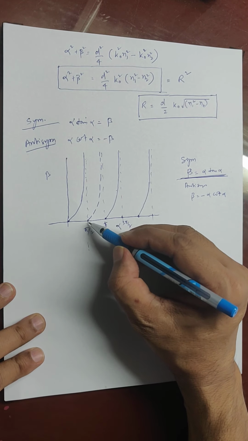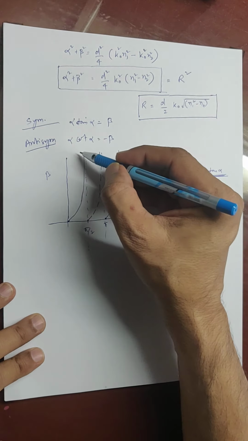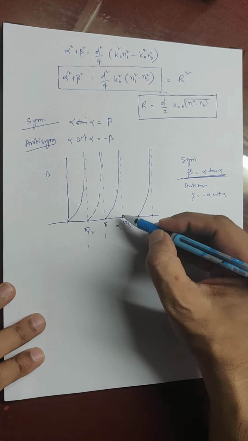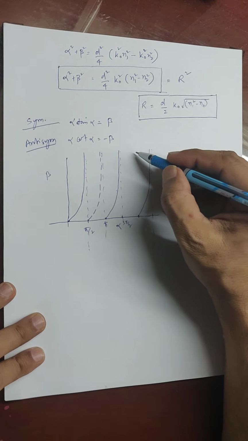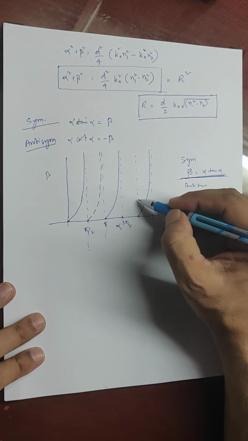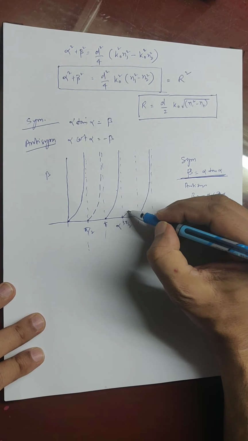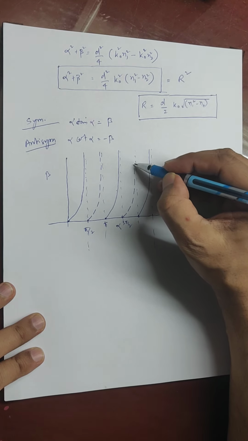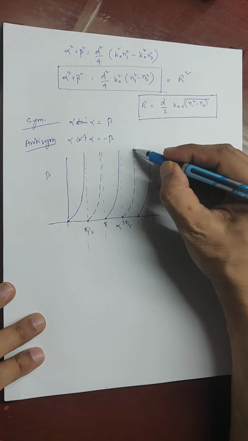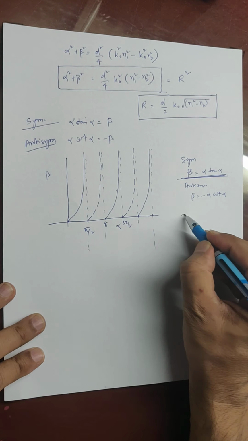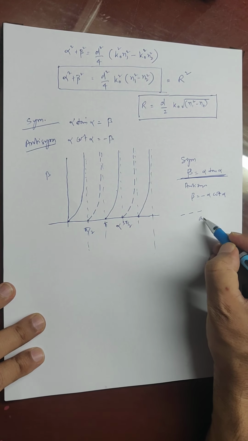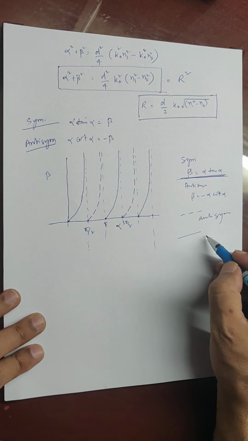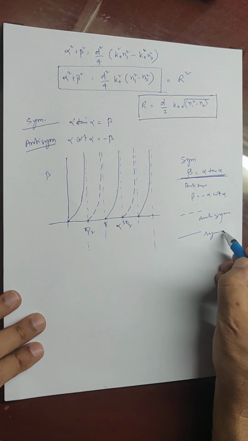At pi it would come to 0, because when tan is infinity, cot would be 0. And so the curves will be like this. So the dashed curves are for antisymmetric, and the solid curves are for symmetric.